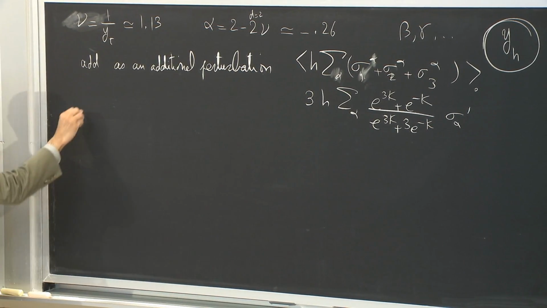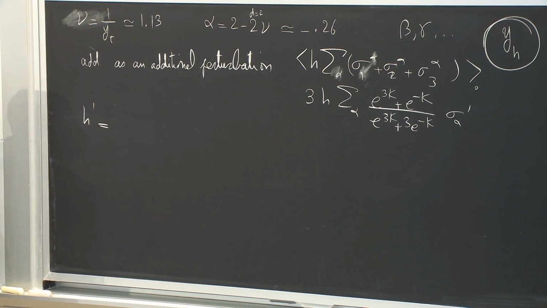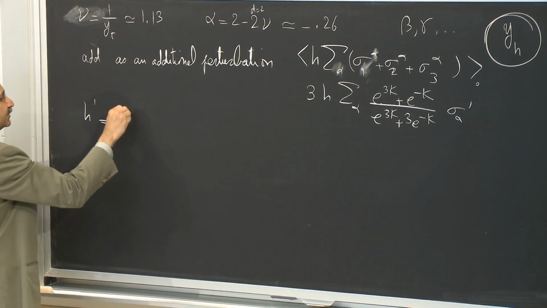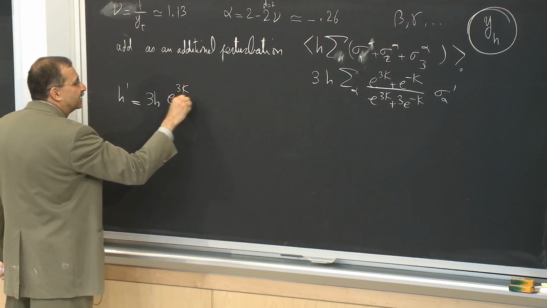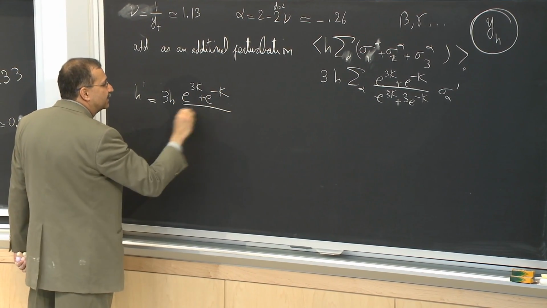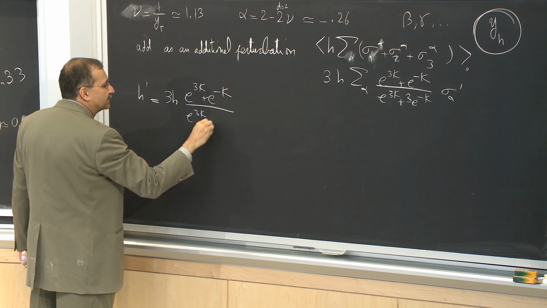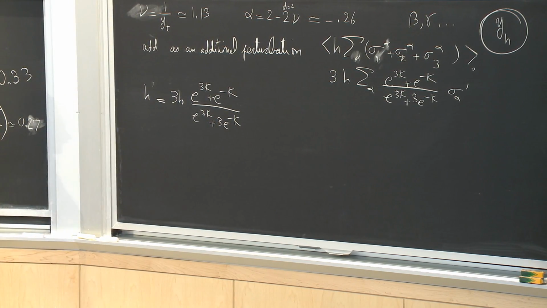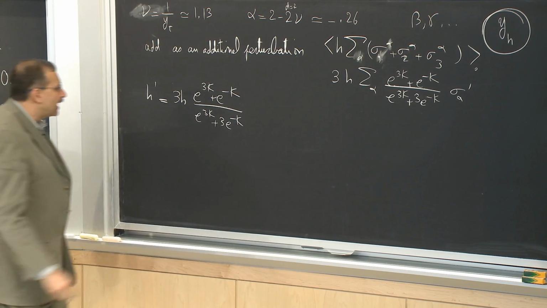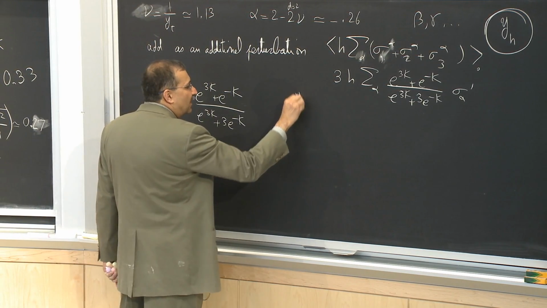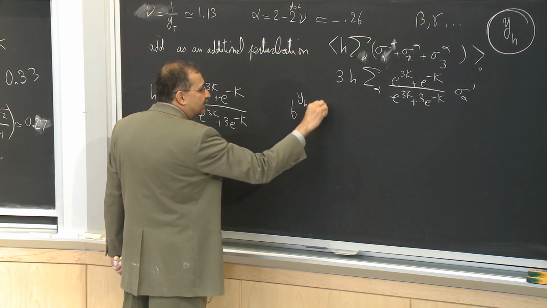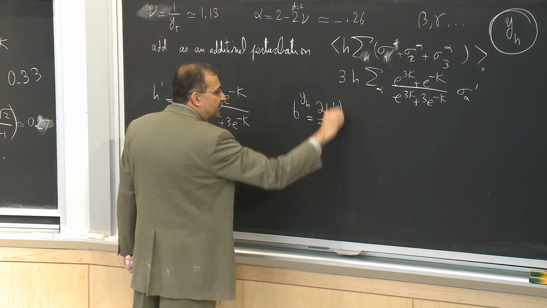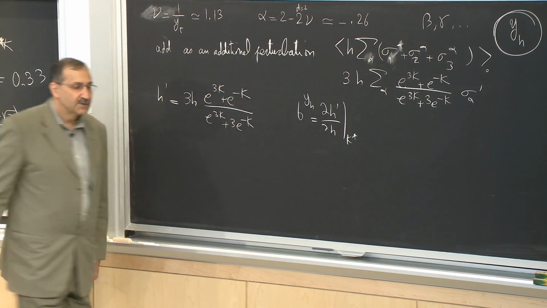So we can see that I generated h prime, which is 3h times e to the 3k plus e to the minus k over e to the 3k plus 3 e to the minus k. Okay? And I can evaluate b to the yh as the h prime over h evaluated at the fixed point.